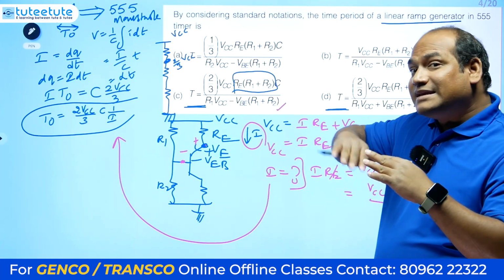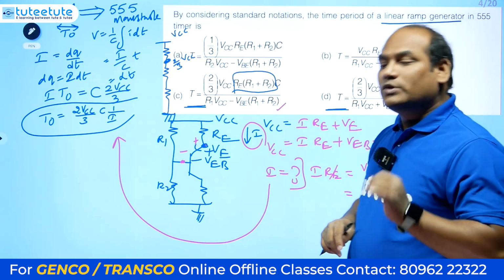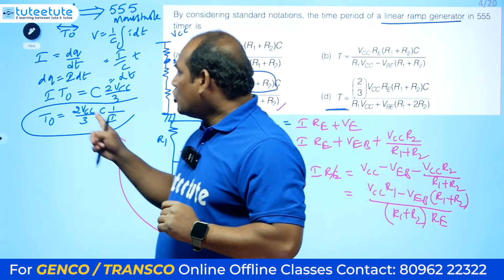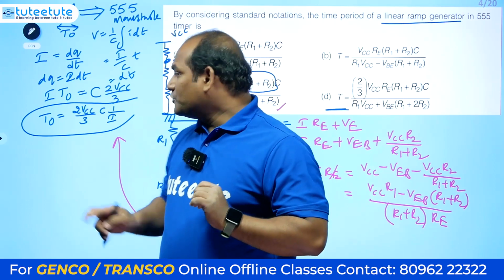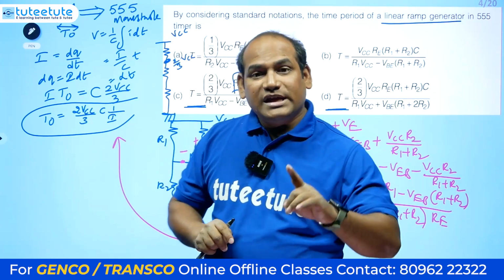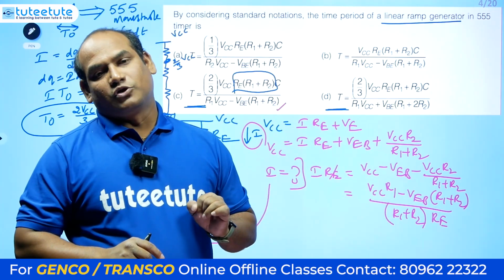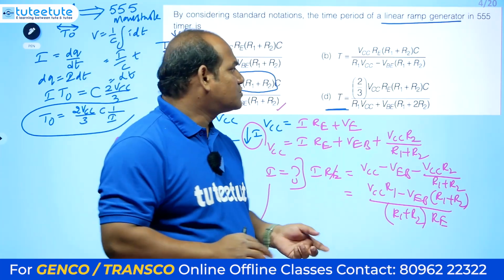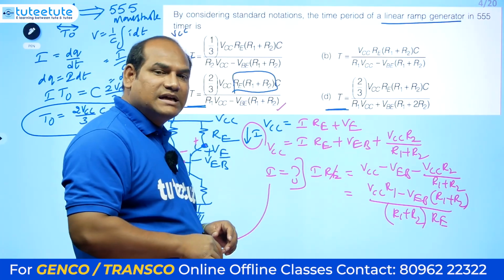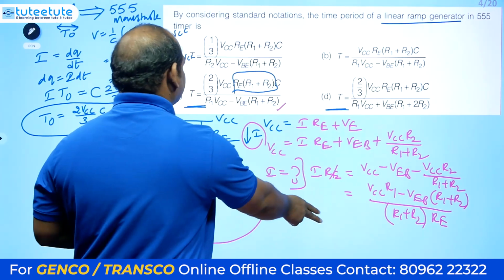T0. By reaching that T0, how much voltage will be charged by the capacitor means 2 by 3 VCC. You can understand this if you know the IC555 operation. So here they have mixed 2-3 concepts and framed the question.